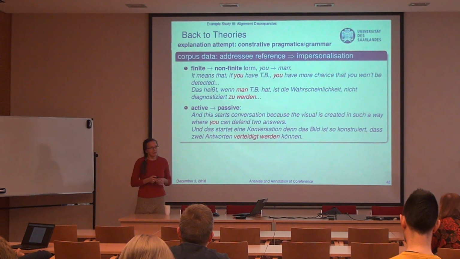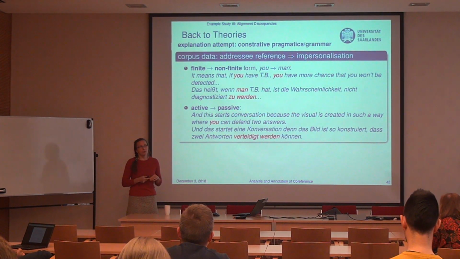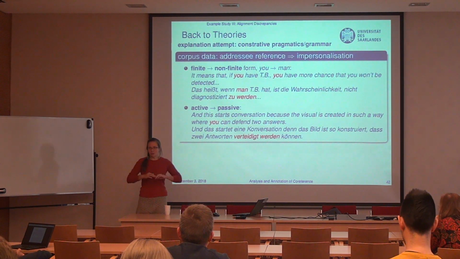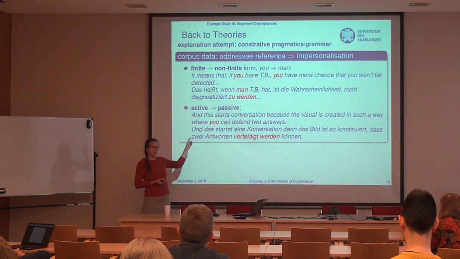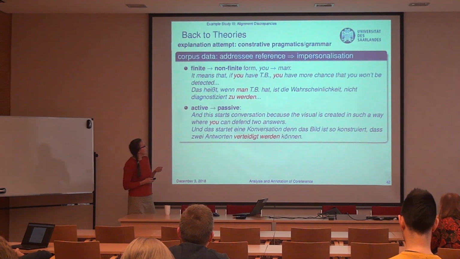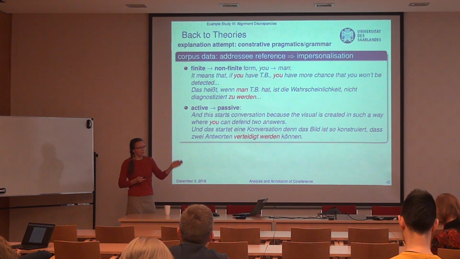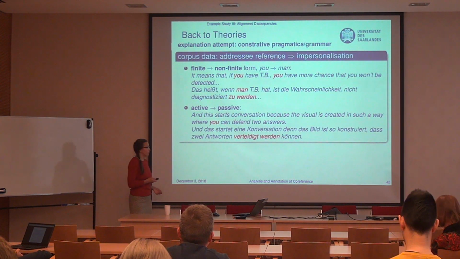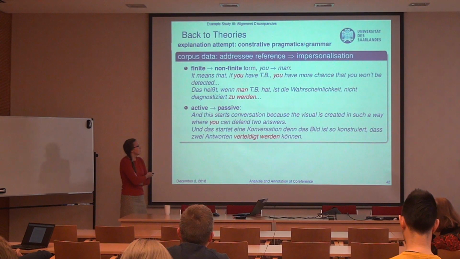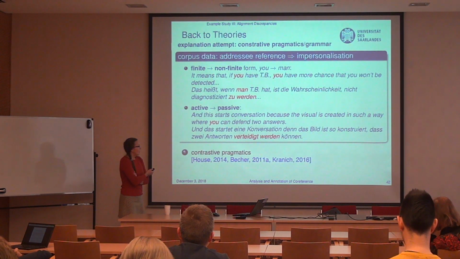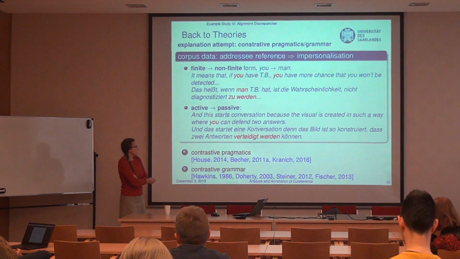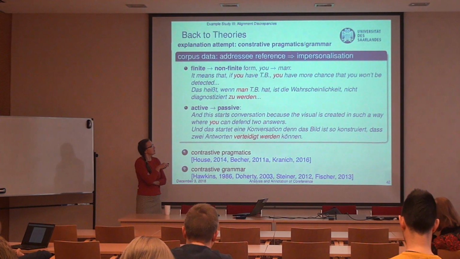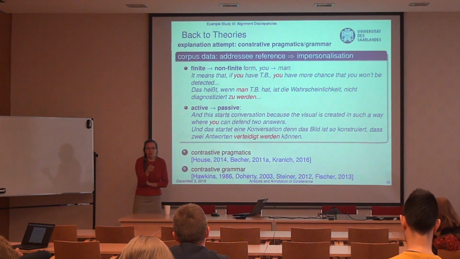Probably these are the cases where we could use automatic procedures to classify them, like extracting cases like this and trying to categorize them in an automatic way, because going through the whole data manually just takes a lot of time. And as I said, contrastive pragmatics and contrastive grammar describe contrasts between English and German, but in fact you don't find any systematic description of how certain constructions are used in English-German translation to make things more impersonal, for example.